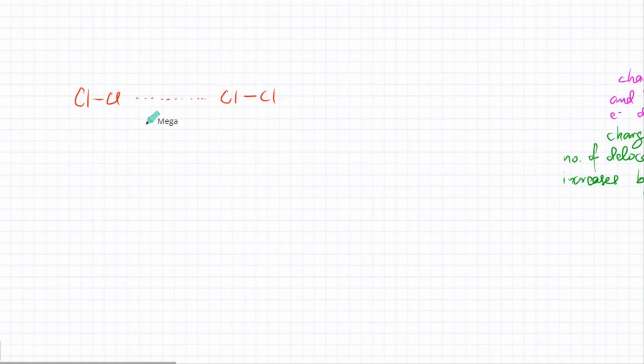So you've got weak van der Waals forces, which is basically instantaneous dipole, induced dipole. And these forces are present in all the molecules, like in a P4 molecule. A P4 molecule is like this.